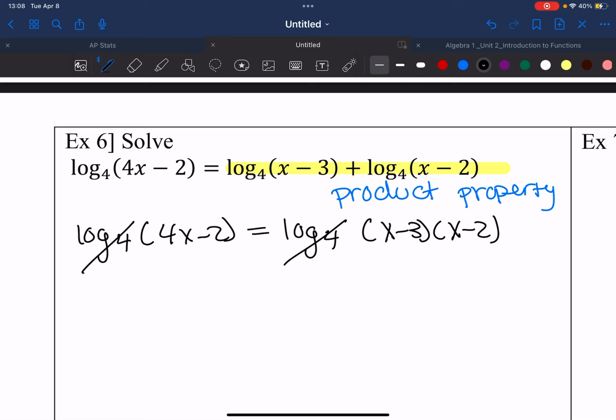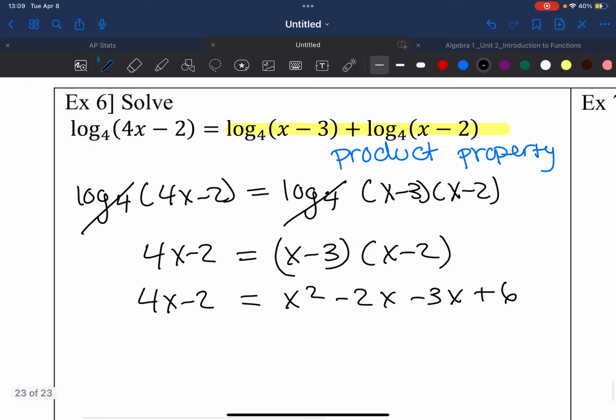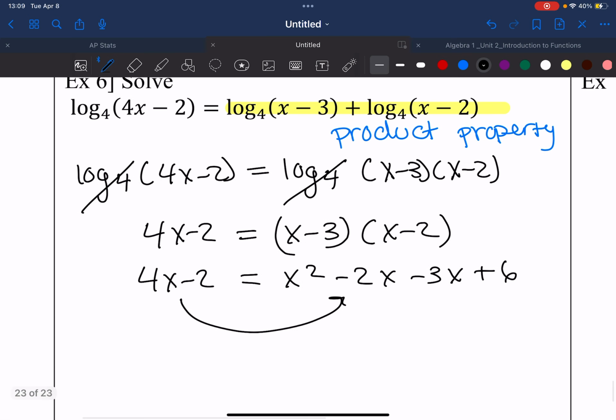Log base 4 match, so I have 4x minus 2 is equal to x minus 3 times x minus 2. Then I need to FOIL, so I have 4x minus 2 is equal to x squared minus 2x minus 3x plus 6. And since I have that x squared, I need to move everything to one side so it's all equal to 0. So this is x squared minus 9x plus 8 equals 0.